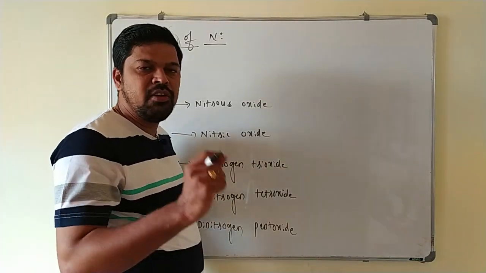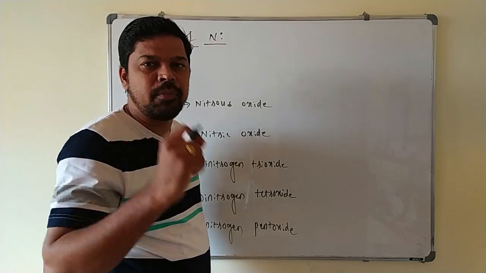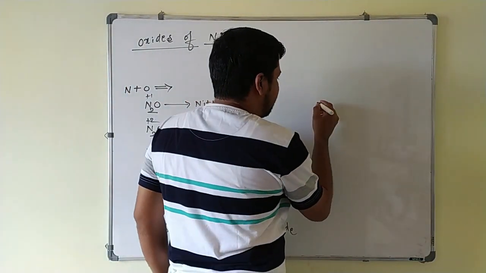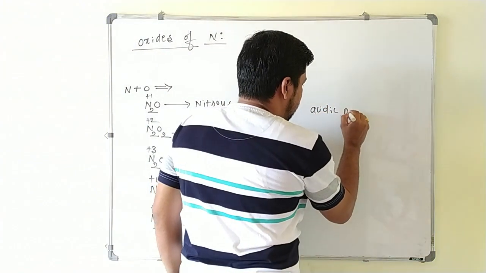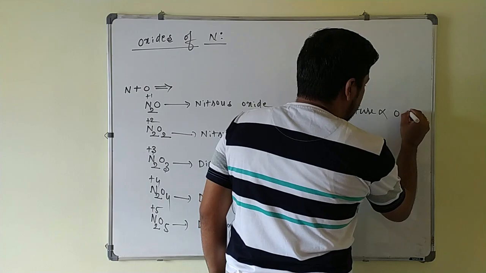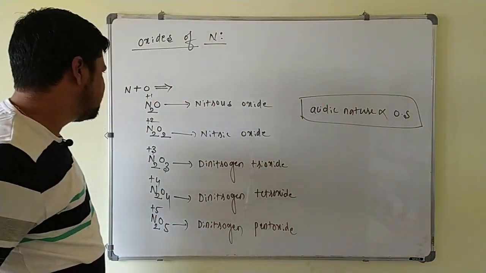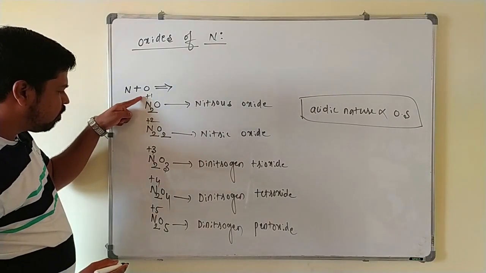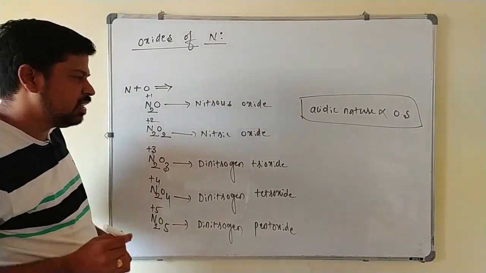Already we have discussed that for the oxides of the same element, the acidic nature is directly proportional to the oxidation state. So the acidic nature of these oxides is directly proportional to the oxidation state of the nitrogen atom. Here the oxidation state increases from +1 to +5, so acidic nature increases.